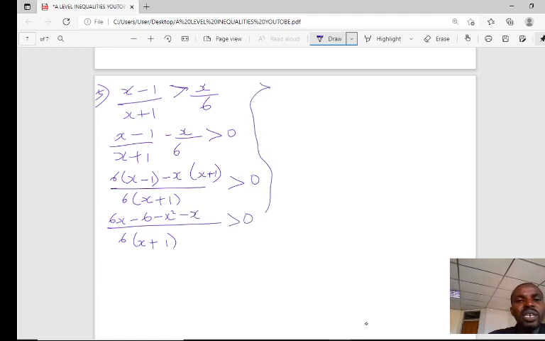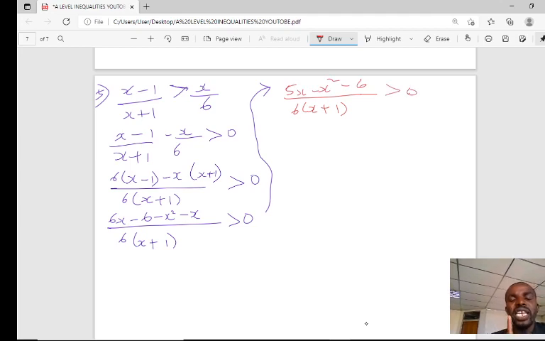For the sake of space, let me just work it out here. Let me change my ink. Right, so simplifying the numerator, the denominator you have to maintain it. Don't ever simplify it, just maintain it. Then here, it will be 6x minus x, it will be 5x. Then minus x squared minus 6 greater than 0.